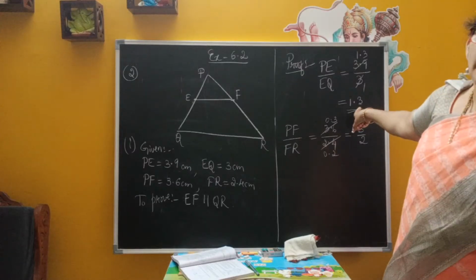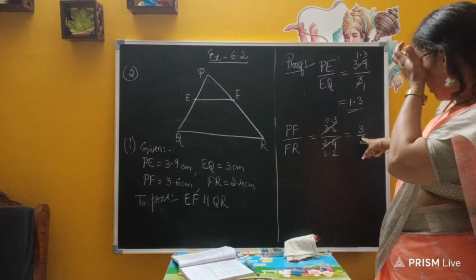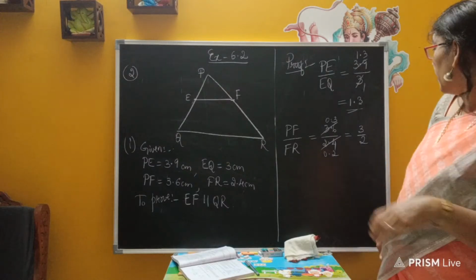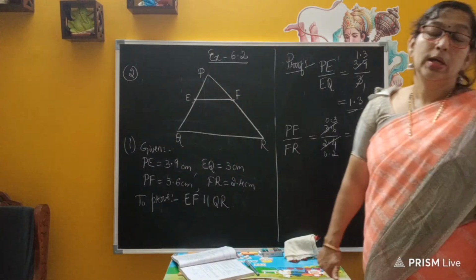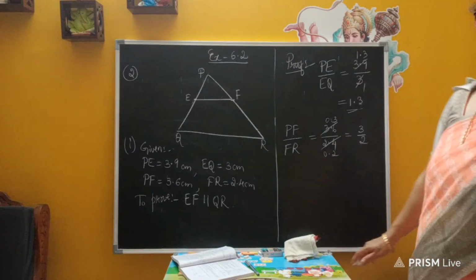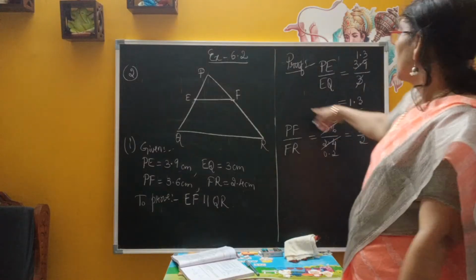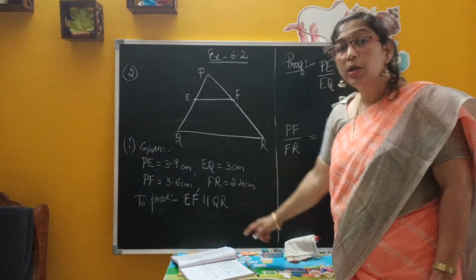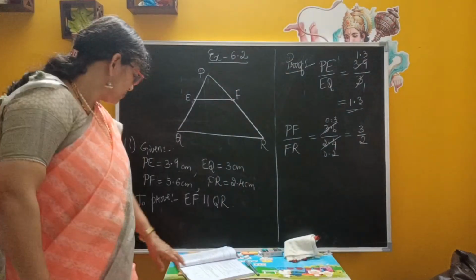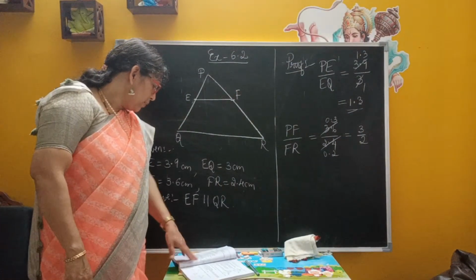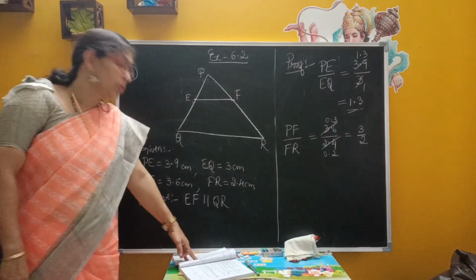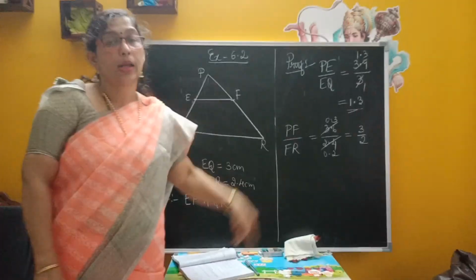Here we have 1.3 by 1, and here we have 3 by 2. Are they equal? No, they are not equal. So what do you say? The sides EF and QR are not parallel. That is the question: we had to check whether EF is parallel to QR. No, they are not parallel.